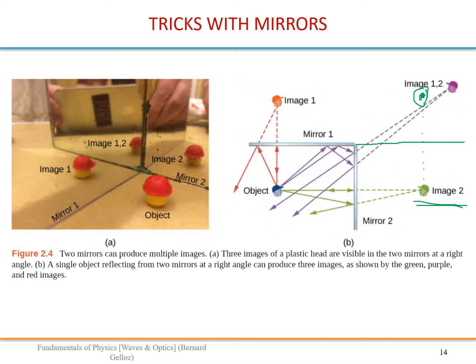So this is a proper position for image 1,2, and that image will also come from image 1. Image 1 is the image of the object with respect to mirror 1, but you can take image 1 as the object and look at its image with respect to mirror 2, and it will also be the symmetric of image 1 with respect to that line here, and it is the same position here. So this is not the proper position, the proper position is here.